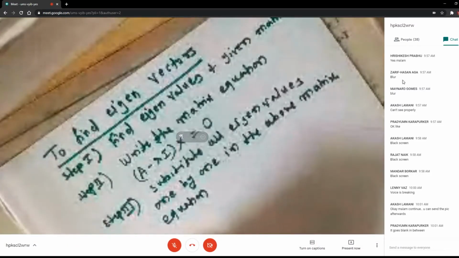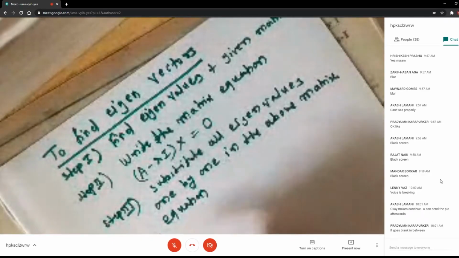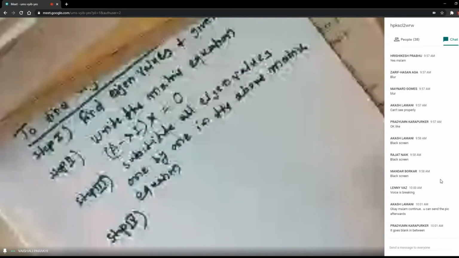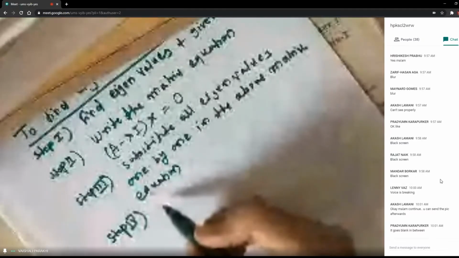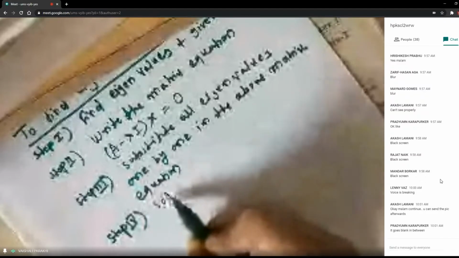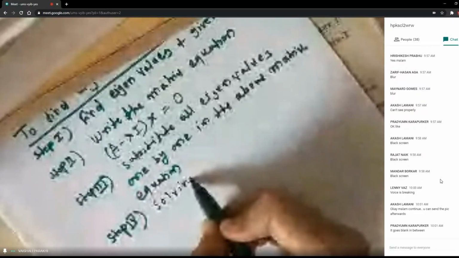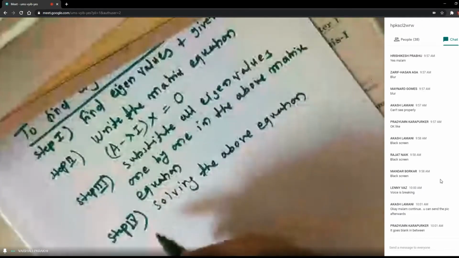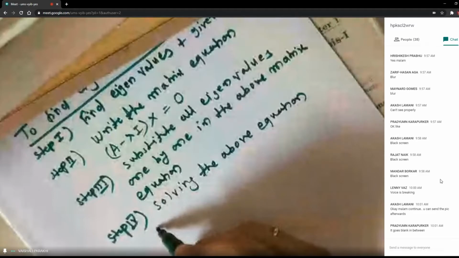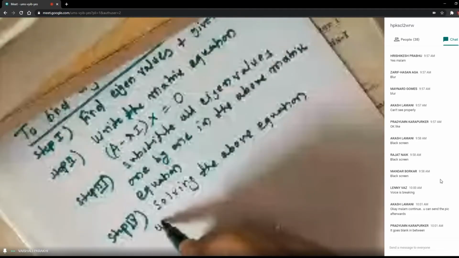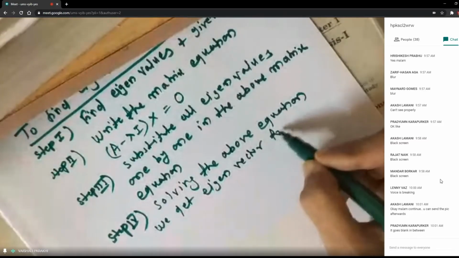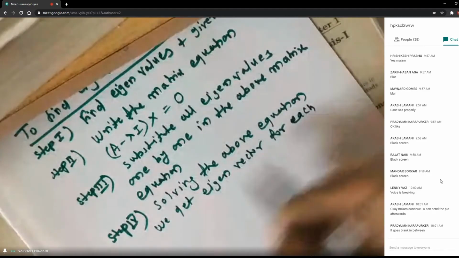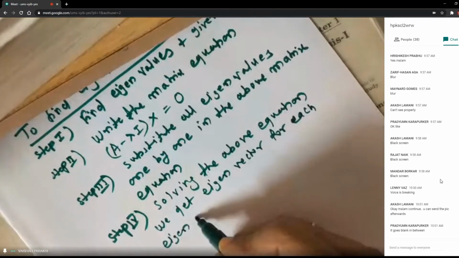Now next step, step number 4. Solving the above equation, we get eigenvector for each eigenvalue.